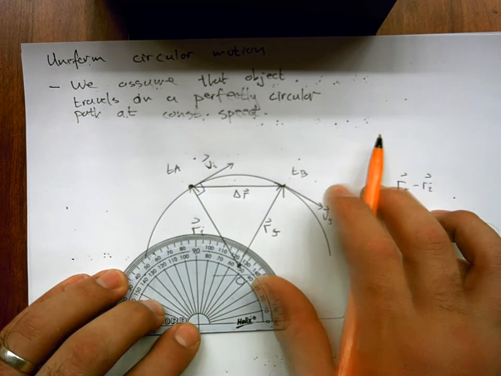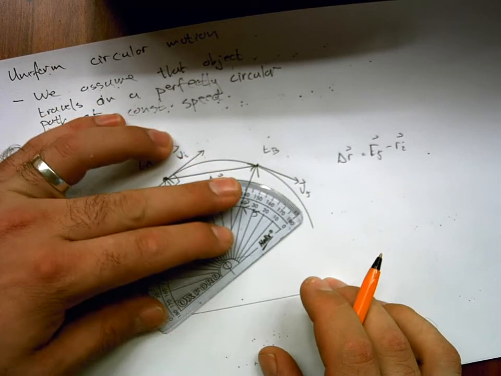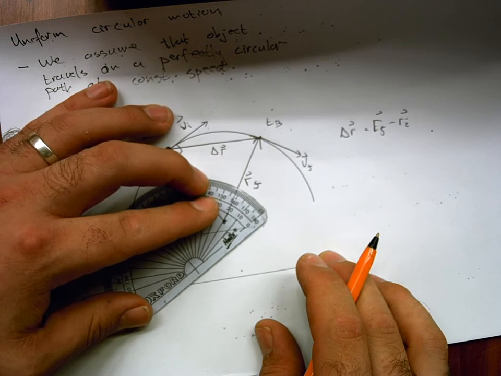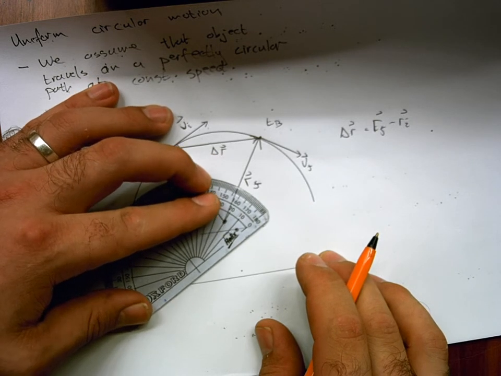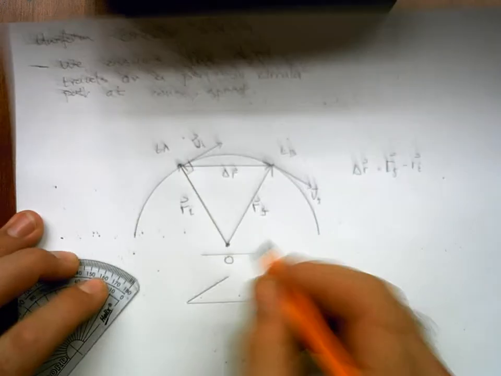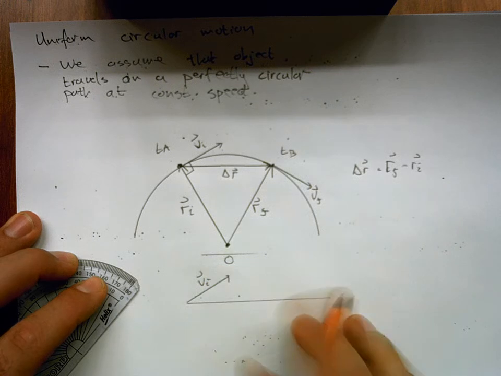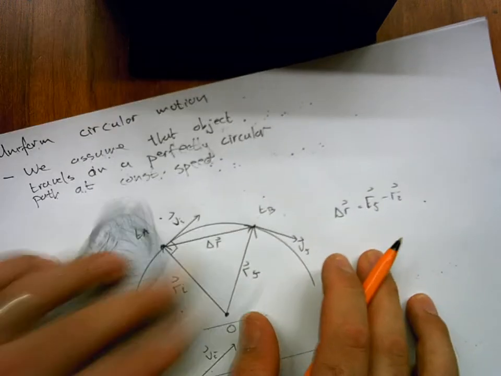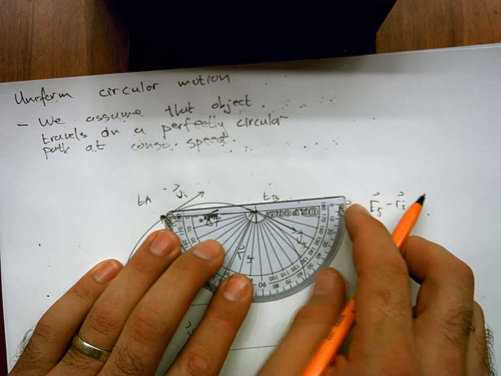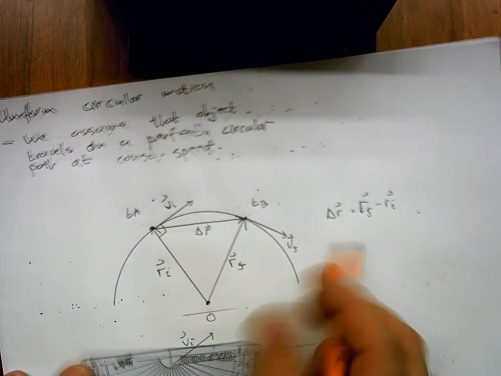So if I take that velocity vector and I draw it over here, below, it looks something like that. And if I measure the angle between my displacement and my final velocity, I can see on the protractor that's also about 30 degrees.